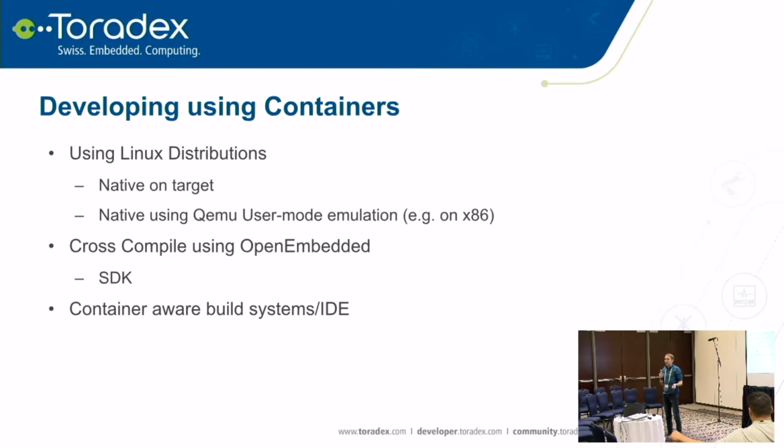You would use QEMU and user mode emulation to run the same container on your faster x86 machine and still do native compilation. Or again, the OpenEmbedded way: you just cross-compile everything, including maybe an SDK, and build applications also using OpenEmbedded or the SDK from OpenEmbedded.